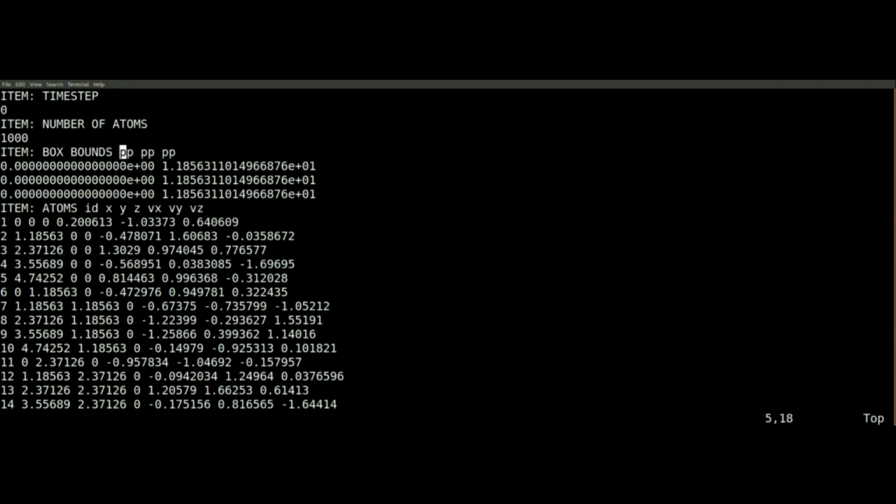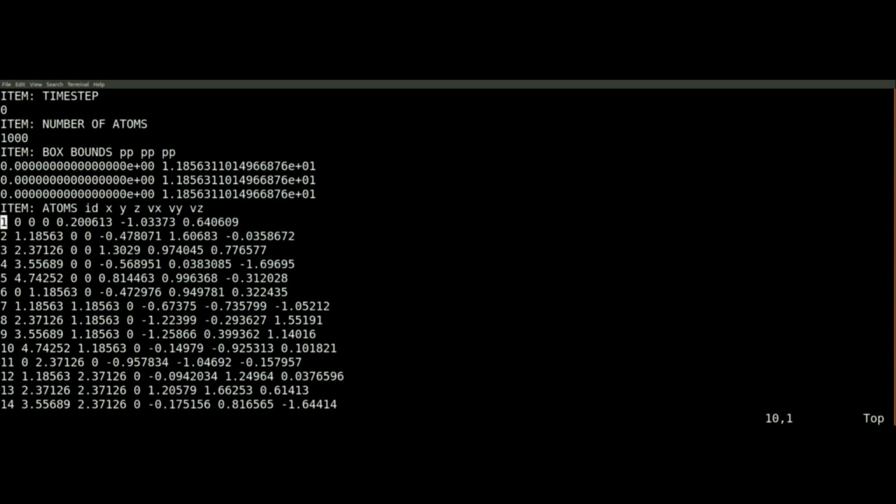So box bounds pp means box boundaries, they're periodic in all 3 directions, and then you get the three dimensions' minimum value and maximum value. Next item is for each atom, we are outputting the ID, the x, the y, the z position, and the velocity in the x and y and z directions.